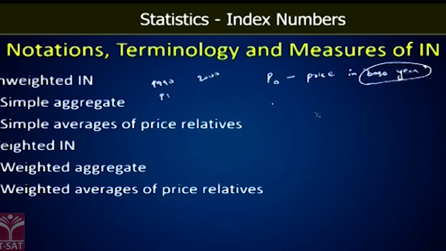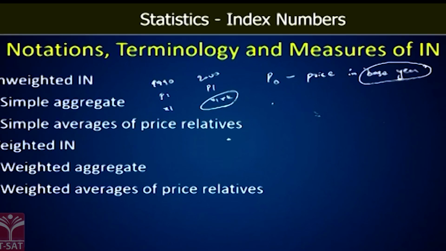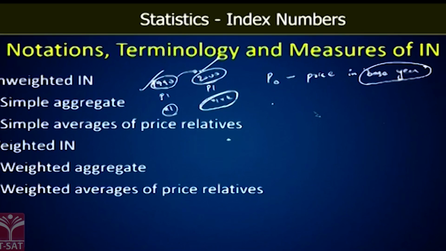This is product 1, the same product 1, with values x1 and x1 plus some k. We are calculating the relative change of price from 1990 to 2000. So this will become my base year and this will become my current year.